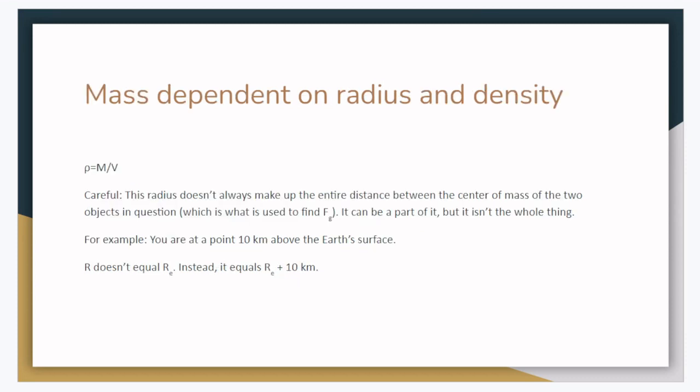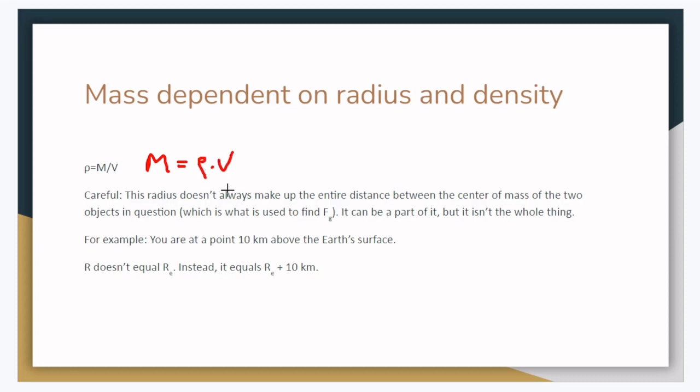So let's talk about mass dependent on radius and density. We have this equation where density is equal to mass divided by volume. If we rearrange this equation, multiplying volume on each side, mass is equal to density times volume.